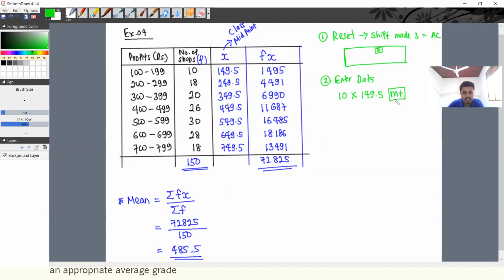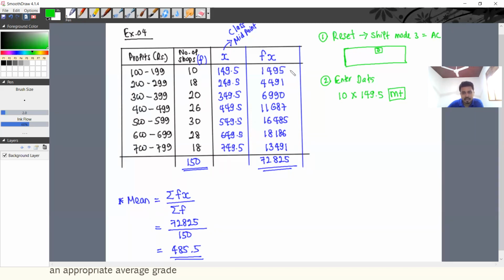Instead of equal, we use the M plus button. That means the answer of 10 times 149.5 is sent to the calculator memory. Anyway, on the display you can see 1495. So in the sum you can write it here, 1495.